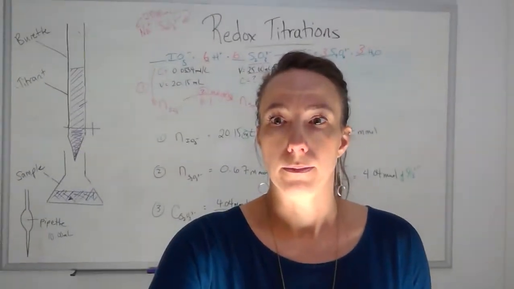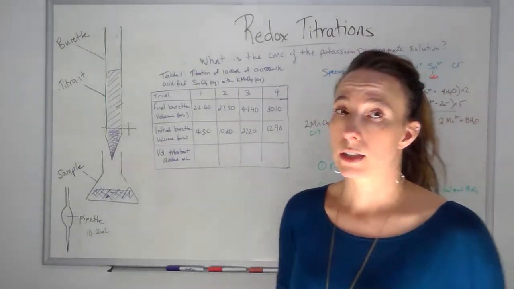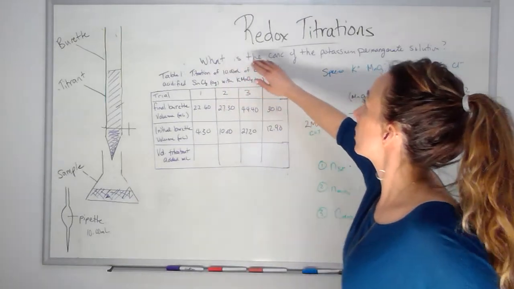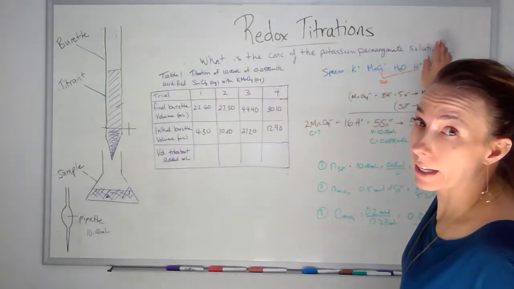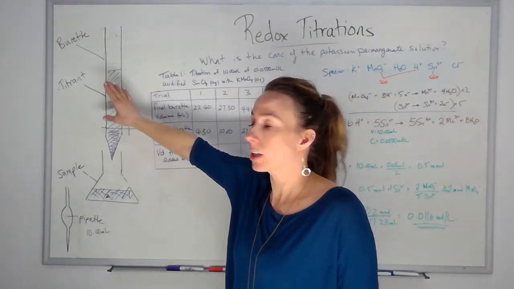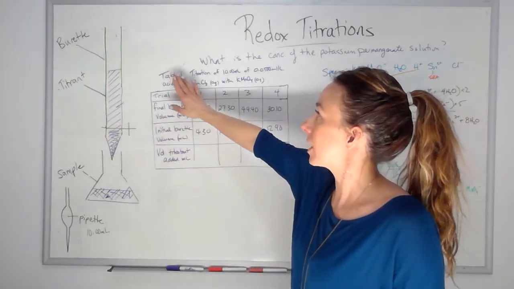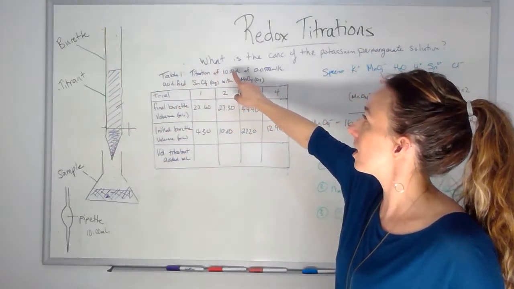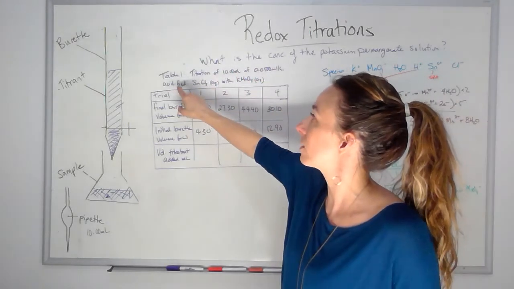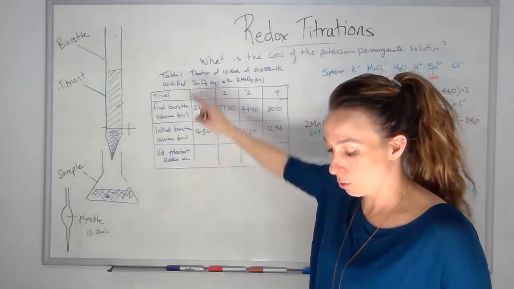I'll do one more. Okay, here's an example that gives us some data. So the question is, what is the concentration of potassium permanganate solution? This is this purple potassium permanganate solution that I am adding. The table says that this is a titration of 10 mL of 0.05 moles per liter acidified tin(II) chloride.